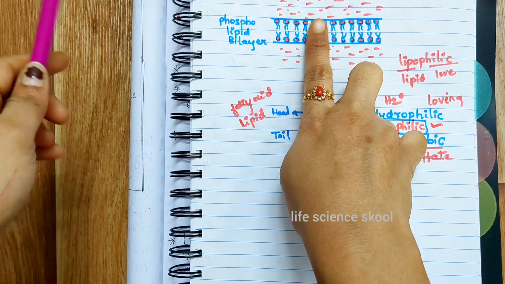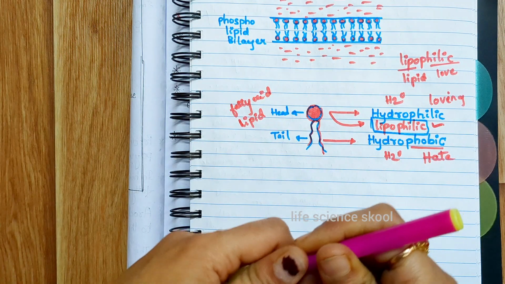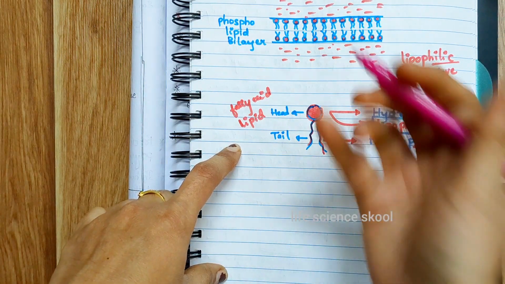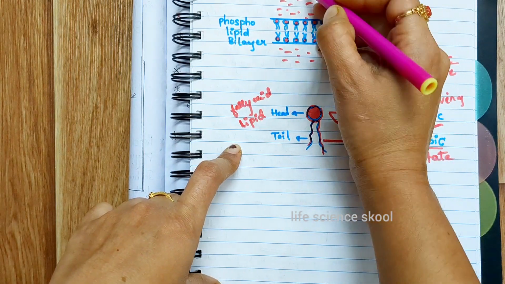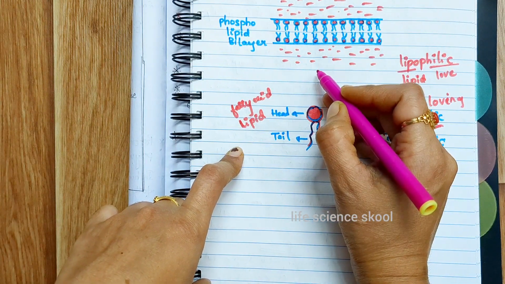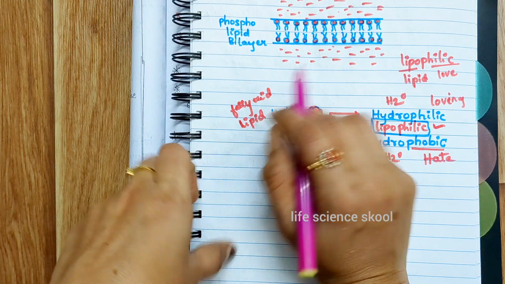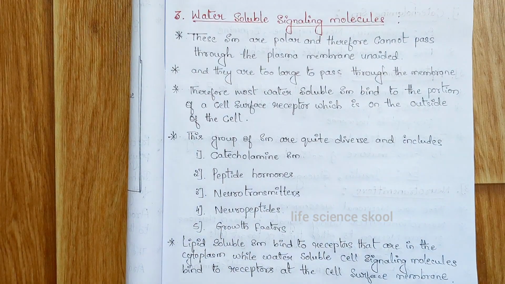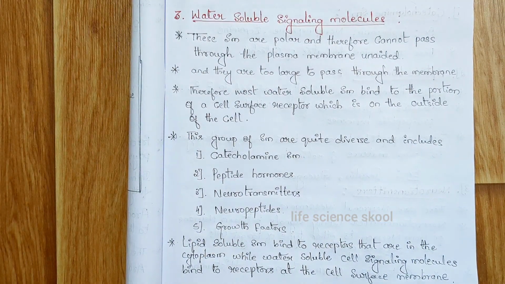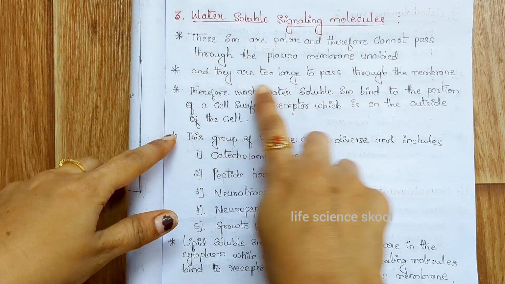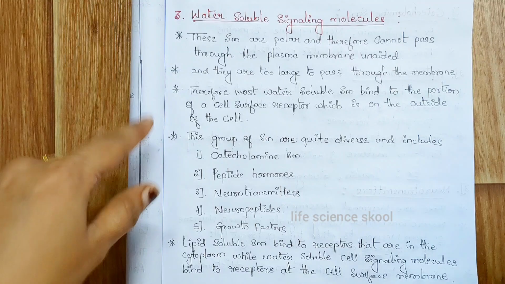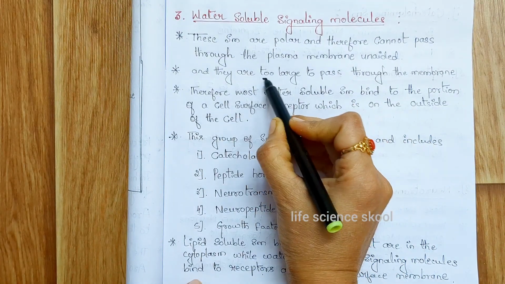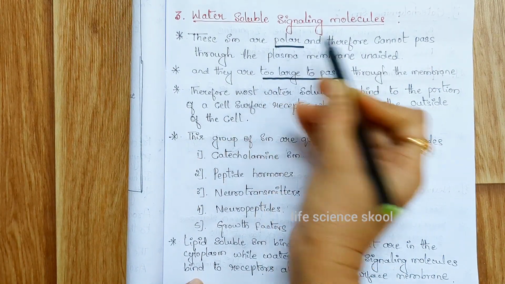These water soluble signaling molecules cannot cross the phospholipid bilayer because they are polar. Another reason is that they are too large to pass through the membrane.